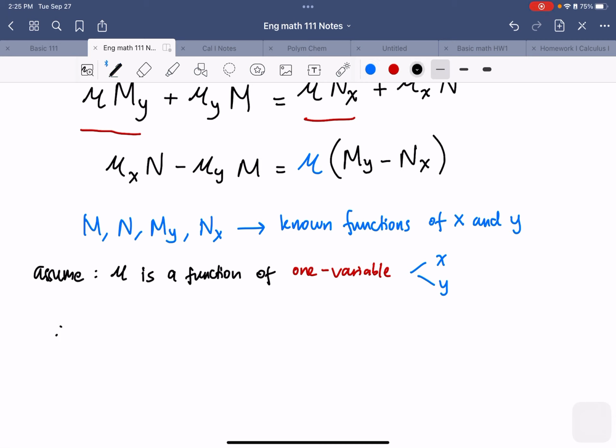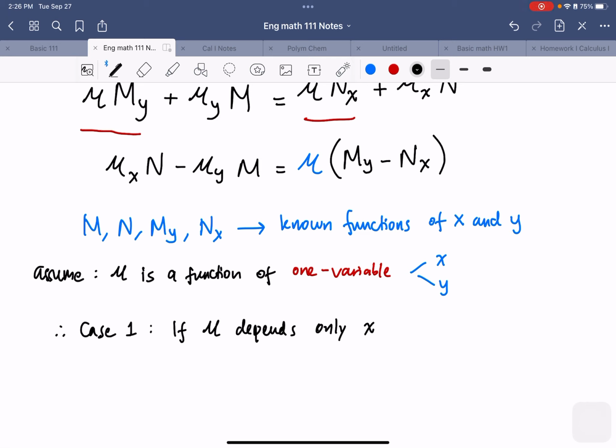Case 1: if mu depends on x, let's say it's a function of x. So this mu partial y will be 0, because it only depends on x.